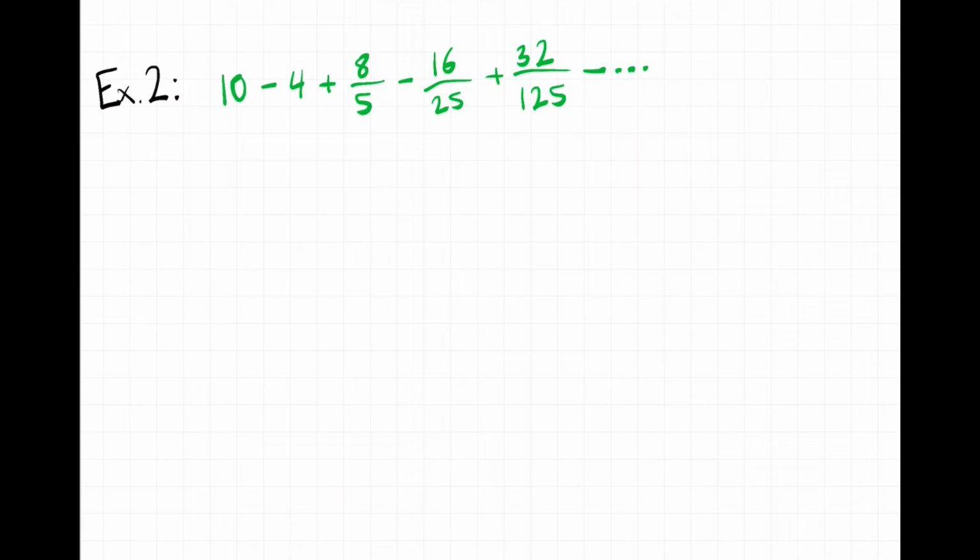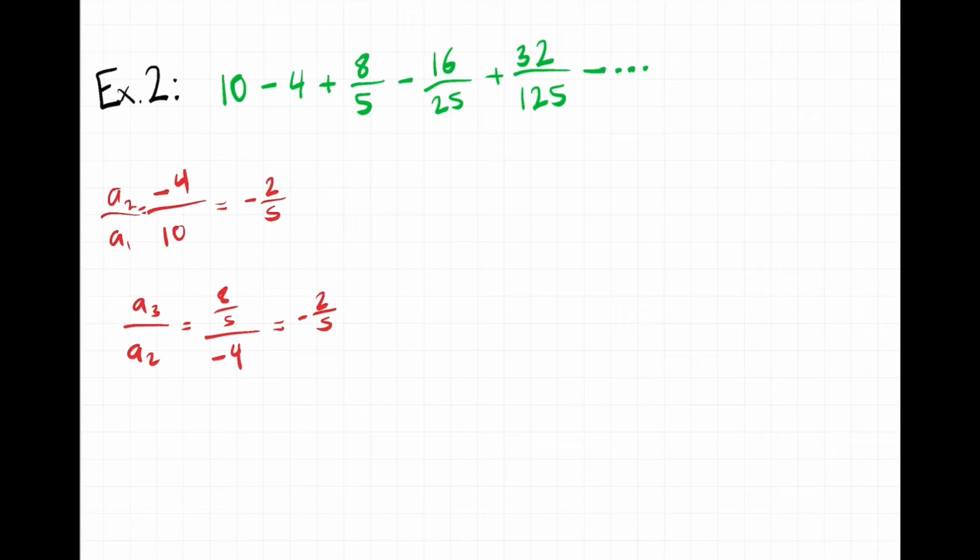But let's suppose that the rest of the terms follow the most obvious pattern. In fact, notice that there is a common ratio here, because negative 4 over 10, that is a2 over a1, is equal to negative 2 fifths. And a3 over a2, that is 8 fifths over negative 4, also turns out to be negative 2 fifths.